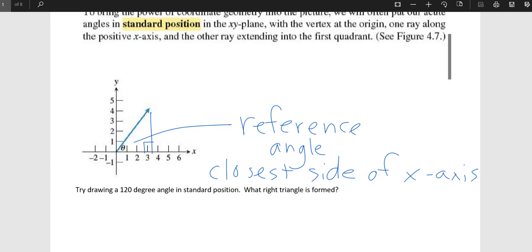If you start getting into the habit of drawing it to the y-axis, you're really going to get confused quickly, or you'll be doing everything backwards. So I would not recommend you try that. Go to the closest side of the x-axis.